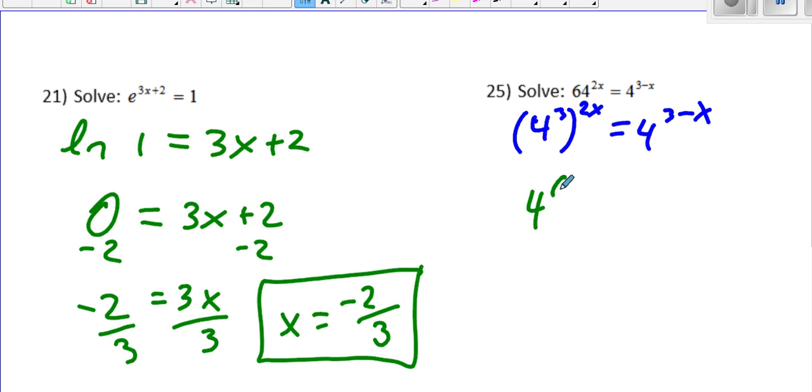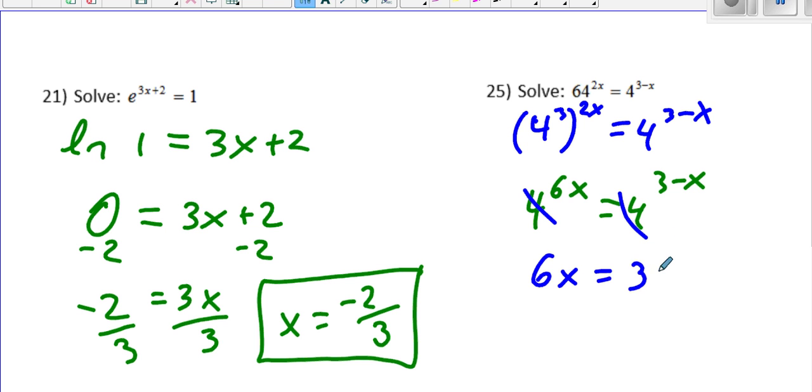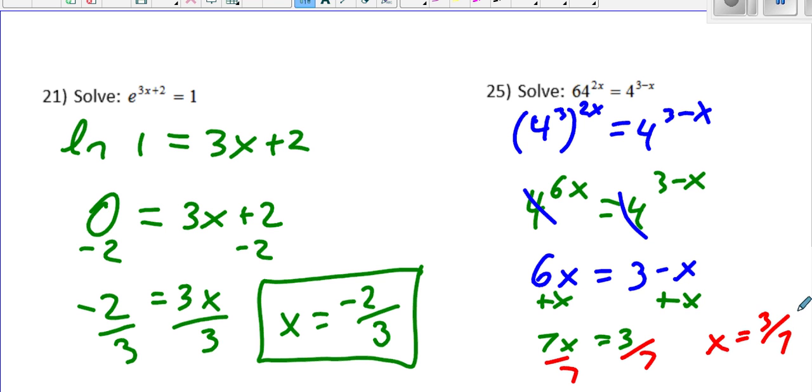That's 6x equals 4 to the 3 minus x. The bases are the same, so you cancel them out, and you get 6x equals 3 minus x. You're going to add x to both sides to get your x's together, and then divide by 7 to get x alone. 3/7.